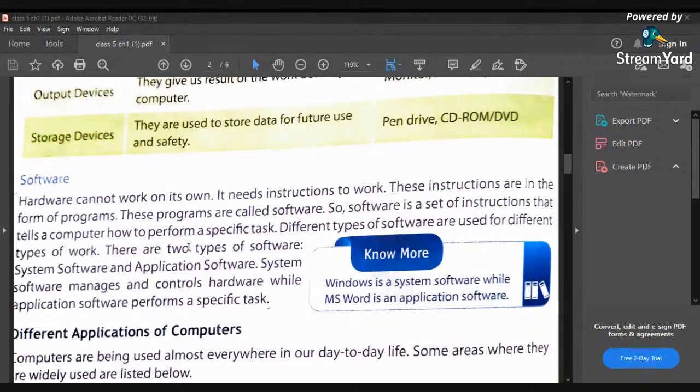These instructions are in the form of programs, and these programs are called software. They tell the computer how to perform specific tasks.